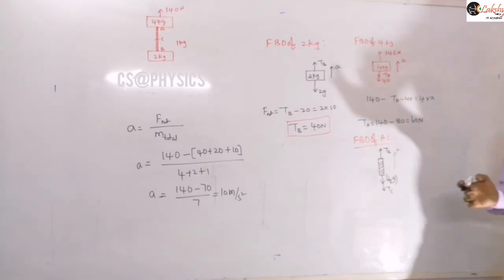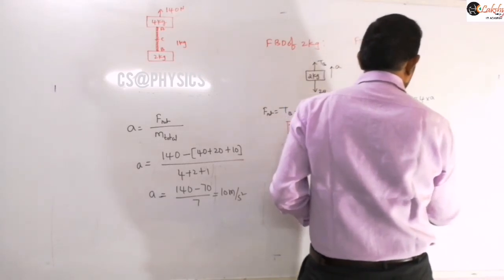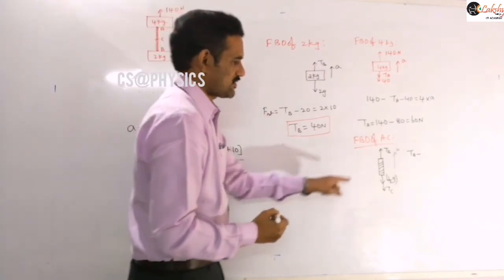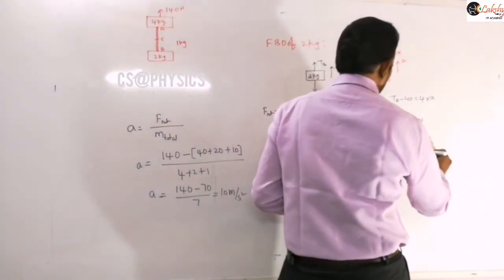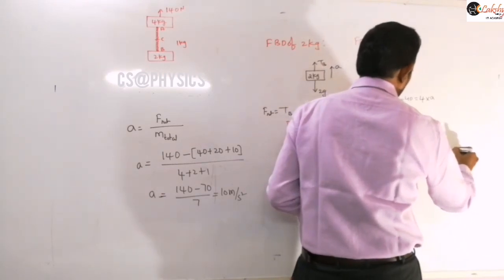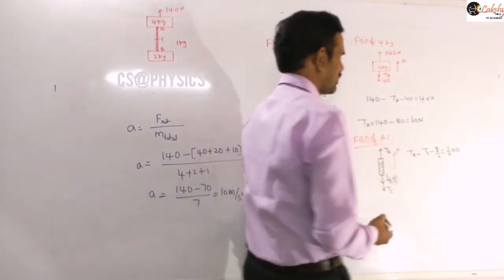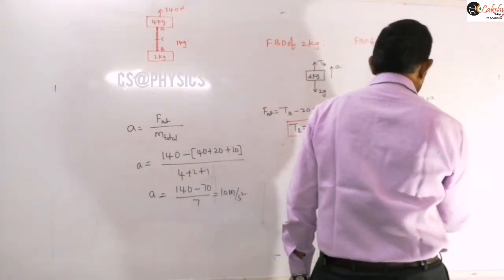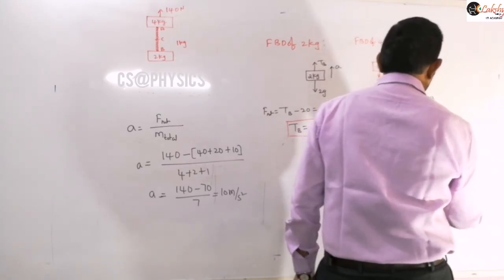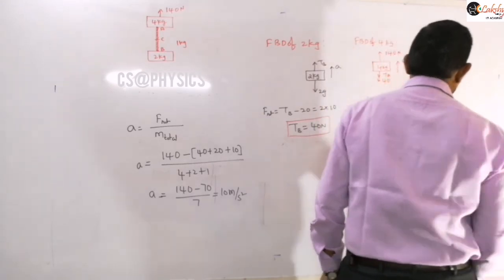So again you can write the force equation for this. The force equation is TA minus the downward force, TC minus g by 2, is equal to 1 by 2 into A. Therefore TC is equal to the TA value, 60, minus 10 by 2, minus 10 by 2.